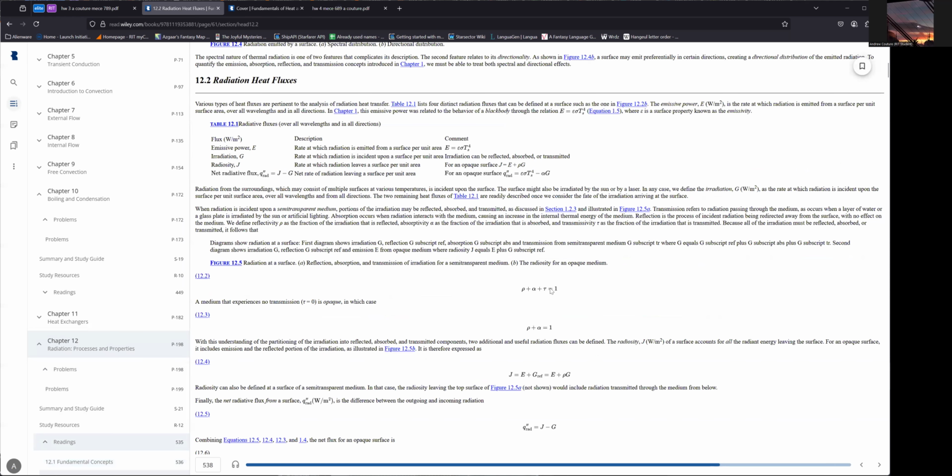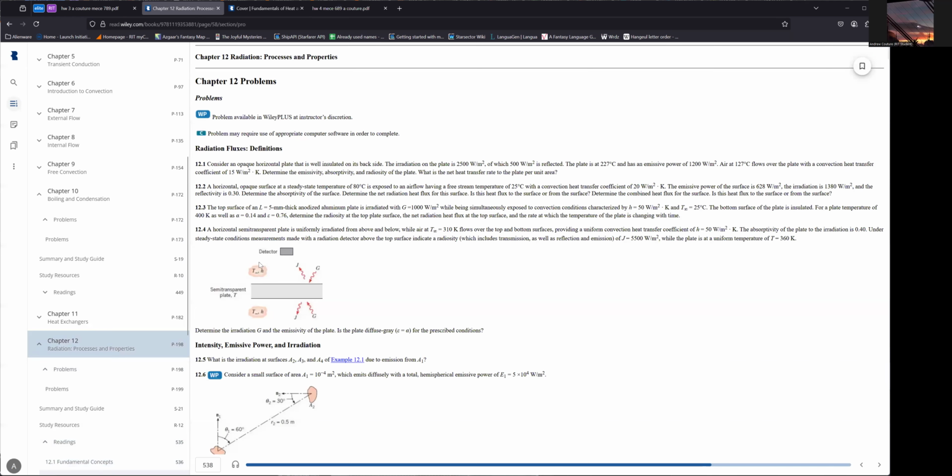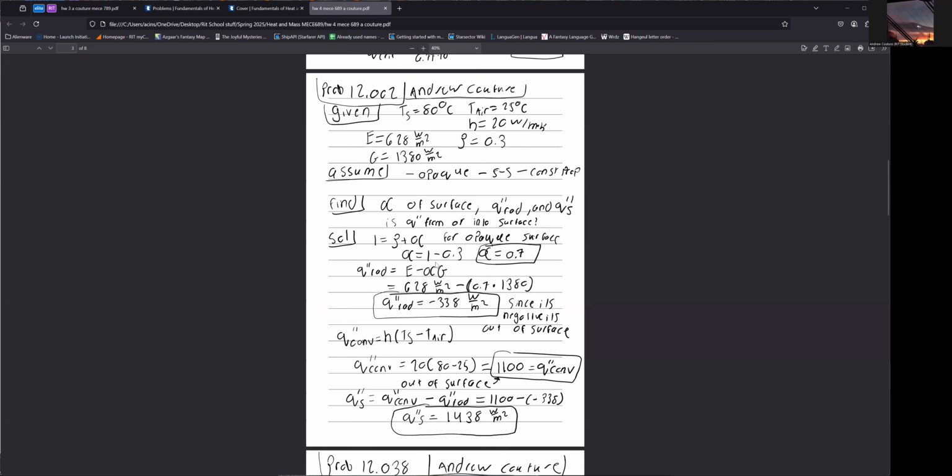There is none of that because it's an opaque surface. So to get the alpha, or absorptivity, of the surface, we just need to subtract: 1 minus the reflectivity of the surface will give us the absorptivity. So alpha is 0.7.